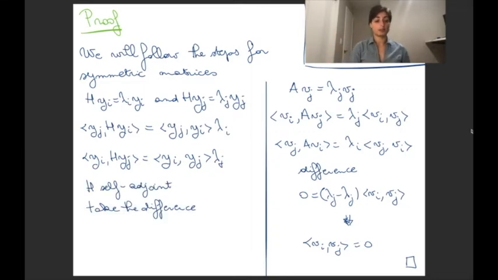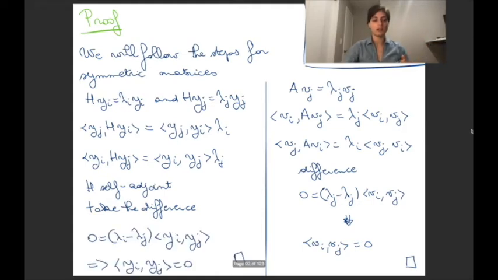H is self-adjoint, so we know that Yj times HYi is equal to Yi times HYj. So when we take the difference, the two left-hand sides cancel each other out, and we are left with lambda i minus lambda j times the inner product of Yi times Yj. Therefore, the inner product of Yi times Yj needs to be equal to 0.